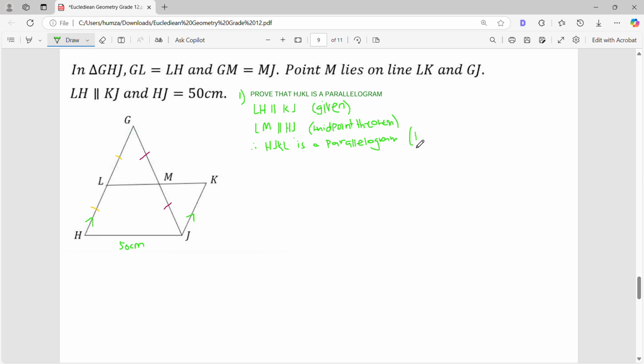Because the reason is that both pairs of opposite sides are parallel.